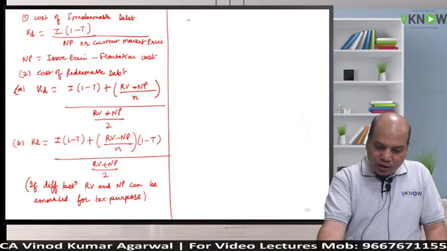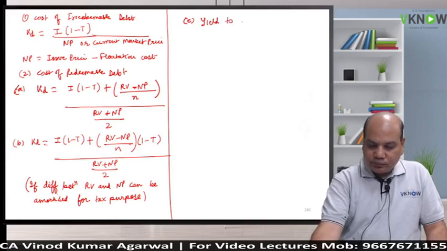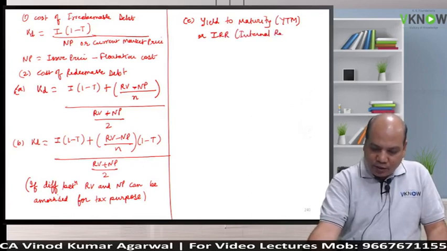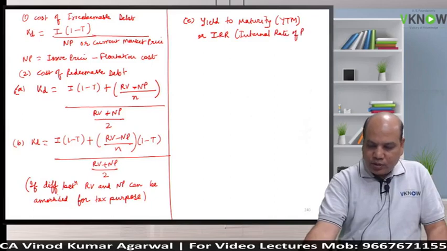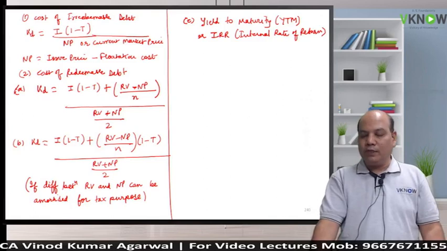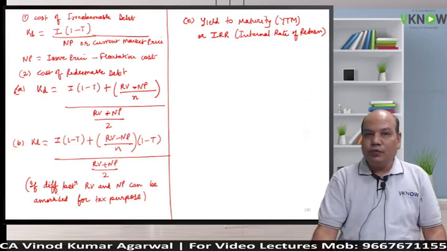and for an accurate answer, the third method is called yield to maturity, YTM, or IRR method. IRR means internal rate of return. If the problem specifically asks for the internal rate of return method, which they have asked in the exam, then you follow the same.